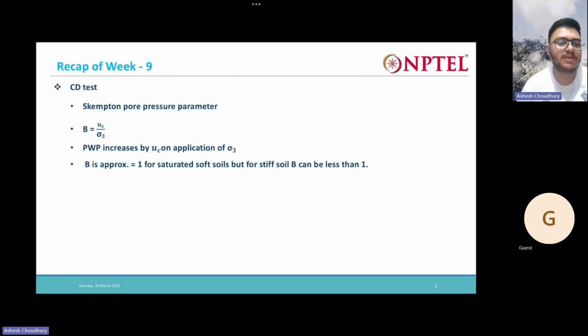So what is the B parameter? B parameter is nothing but the ratio of the increased pore water pressure divided by the applied confining stress.